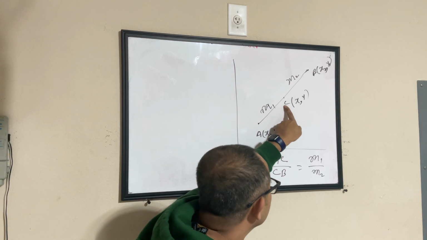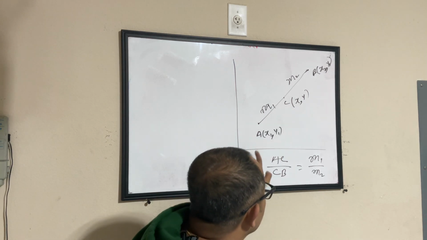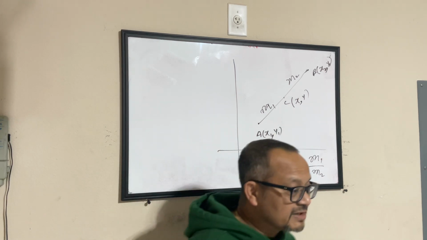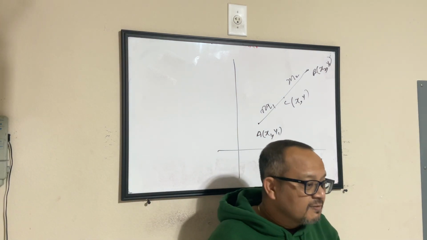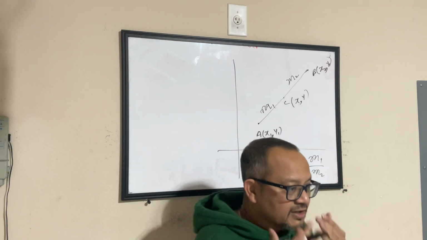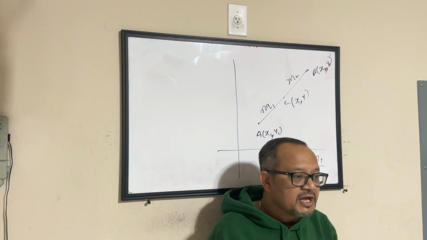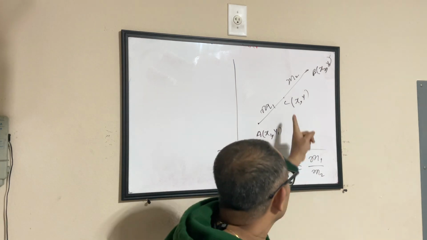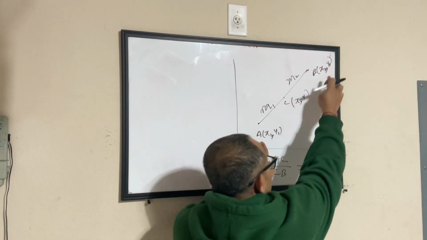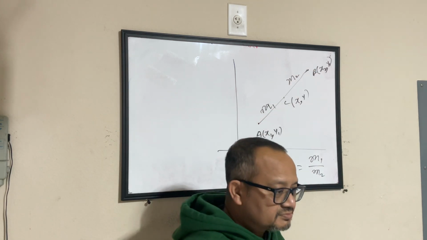Meaning find a point C such that it divides this line into this ratio. Now when you are saying find a point C, that point will be pointless if you don't know the x and y coordinates, right? So basically when you're trying to find point C, you are essentially trying to find the coordinates of point C relating to this and whatever you know.